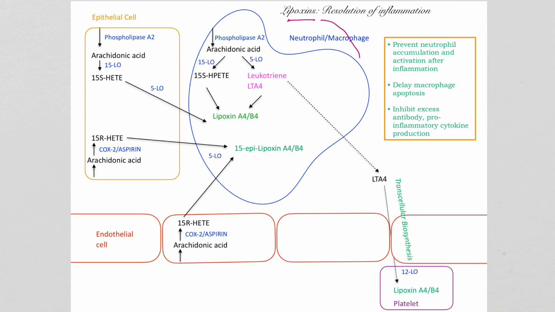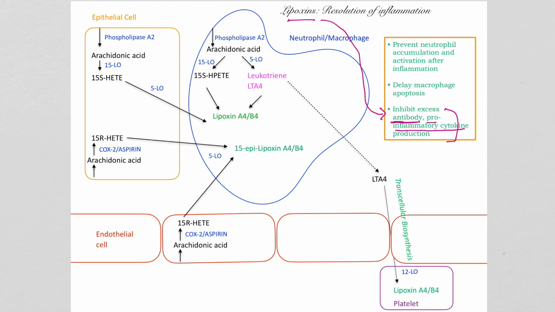Lipoxins are also known to inhibit excess antibody. Once the inflammation is done, we don't want chemicals that promote inflammation, such as antibodies and pro-inflammatory cytokines. We want their production to stop so that the inflammation is resolved.